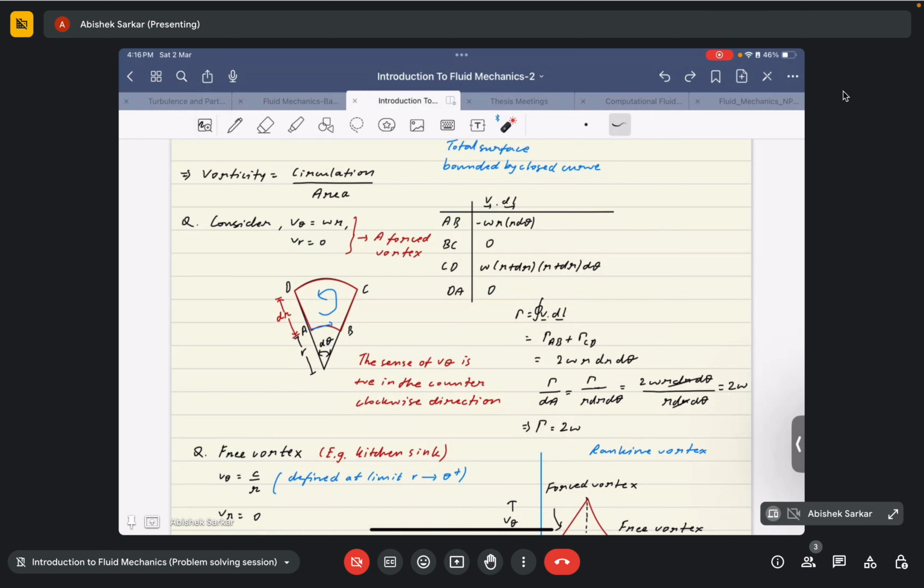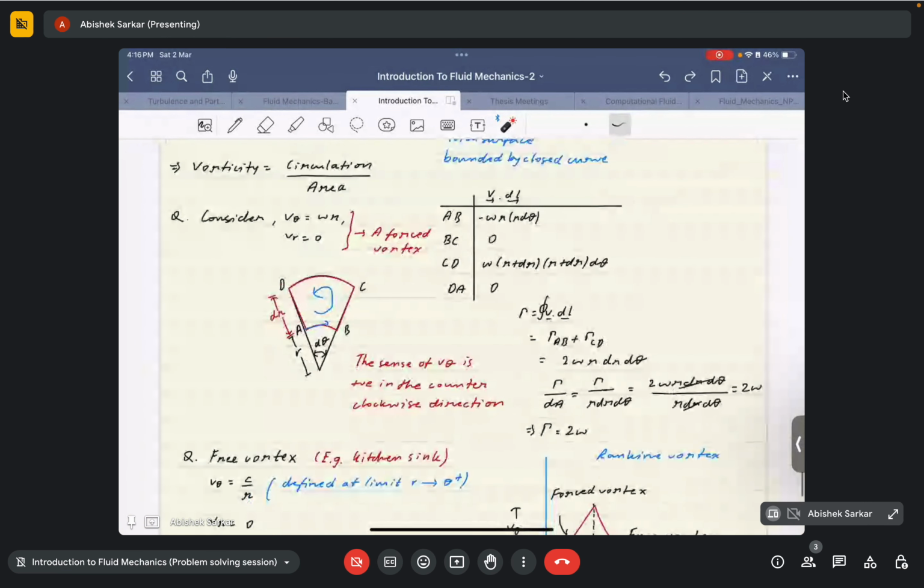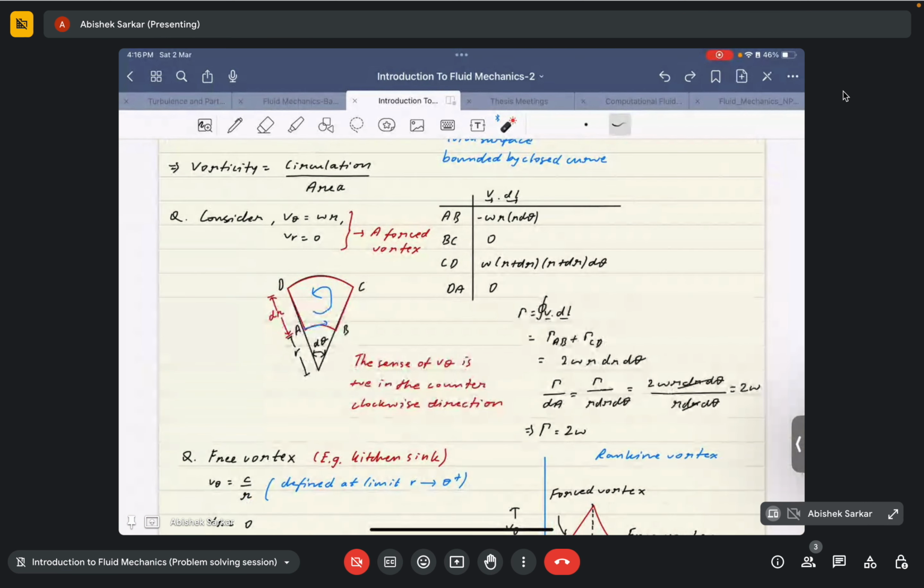And the velocity component along this flow domain is omega r. So v dot dl along AB is omega r into r d theta. Okay, I hope it's clear.